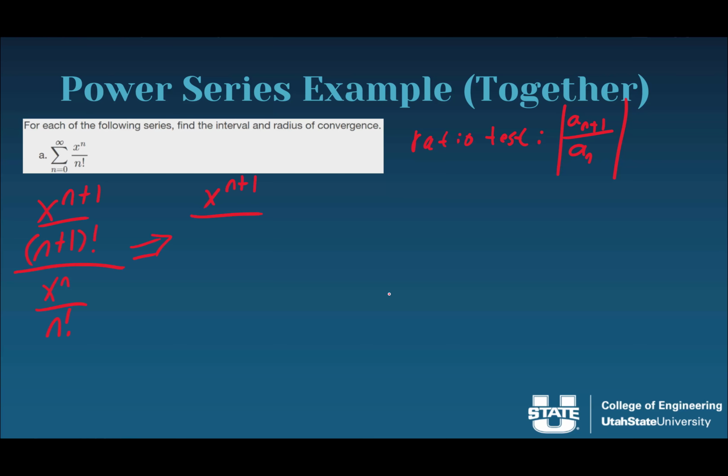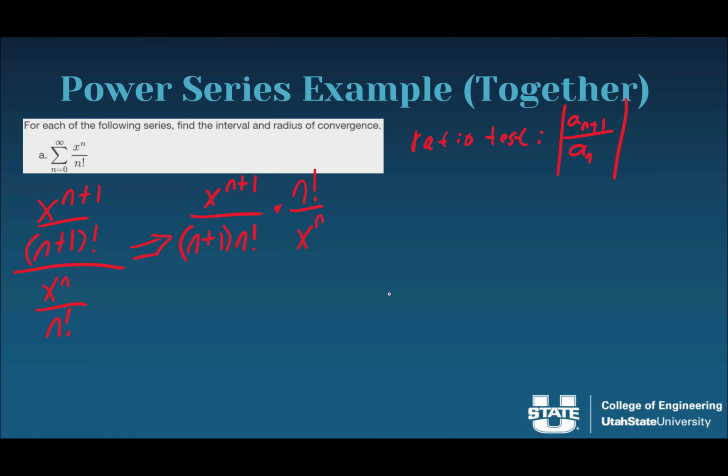What can that factorial break down into to make this a lot easier? It'll be n plus 1 times n factorial. Fraction divided by a fraction, you multiply by the reciprocal, so it's multiplied by n factorial over x to the n. Everybody see that?